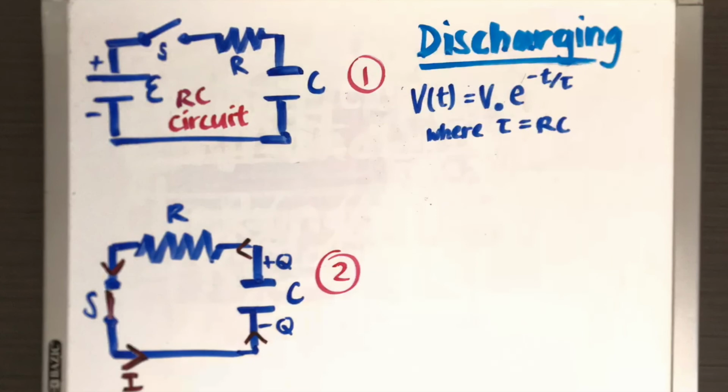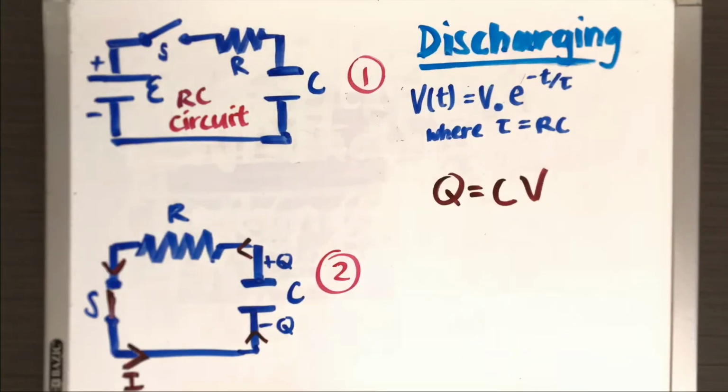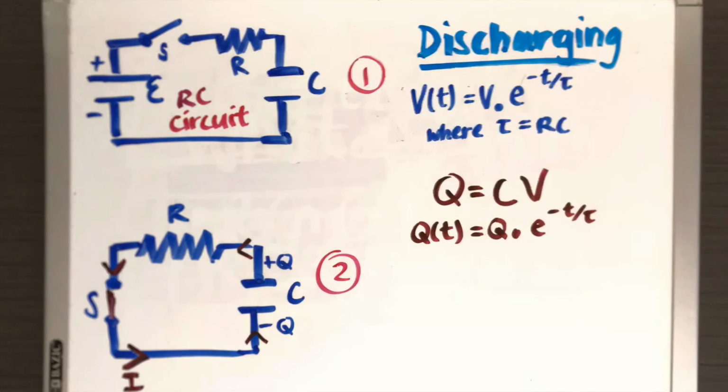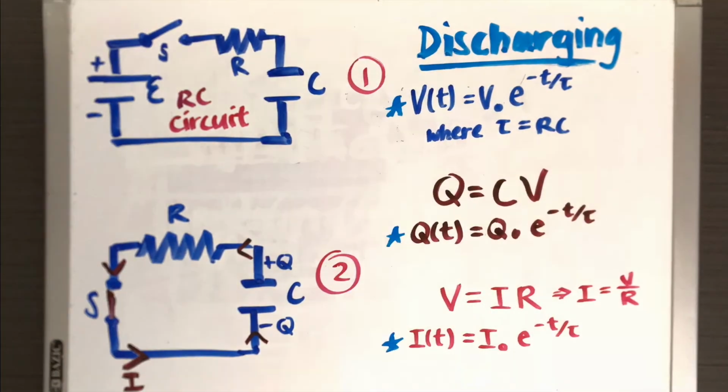Something noteworthy that we can take away from here is we can also find the charge instead of voltage if we multiply the entire equation by C, as charge is C times V. We are also able to find the current if we divide the entire equation by R, as Ohm's law says V equals I times R.